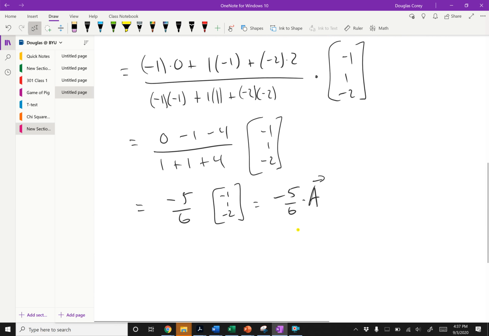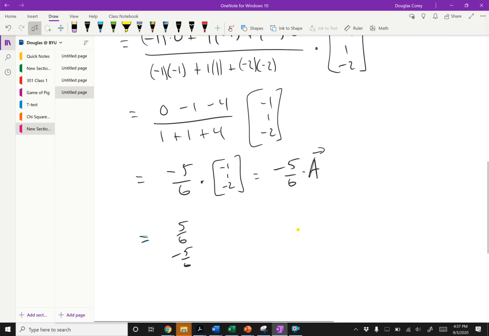We could go one more. We haven't actually written down all the exact components of the vector. We can continue that scalar multiplication right there. We're going to get 5/6, a minus 5/6, and 10/6.